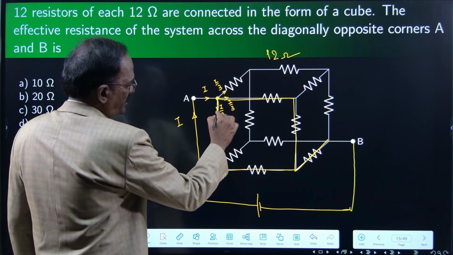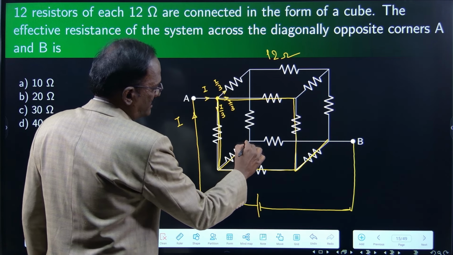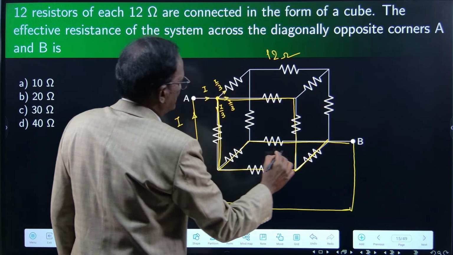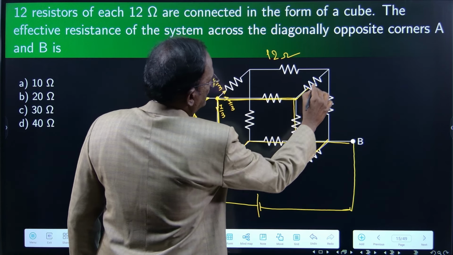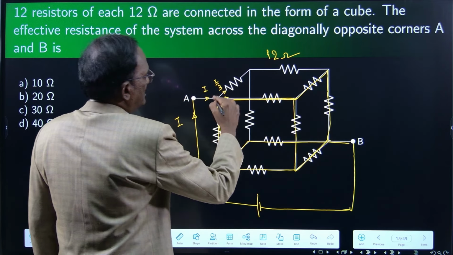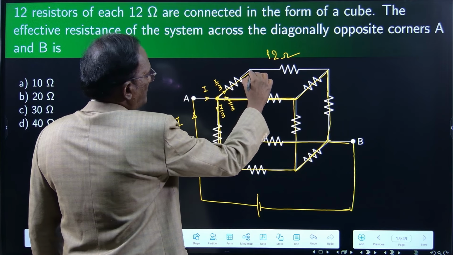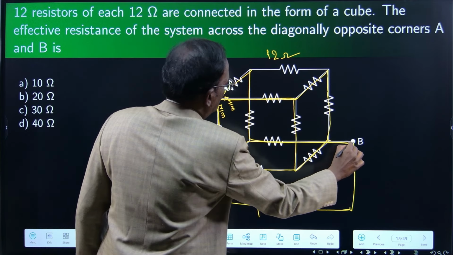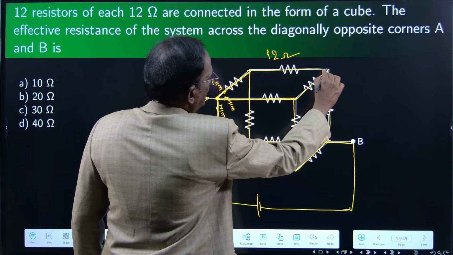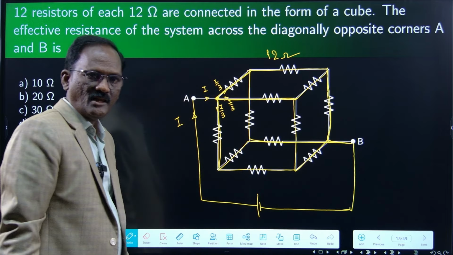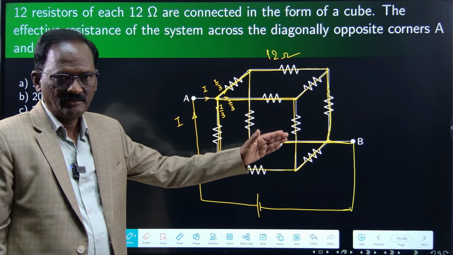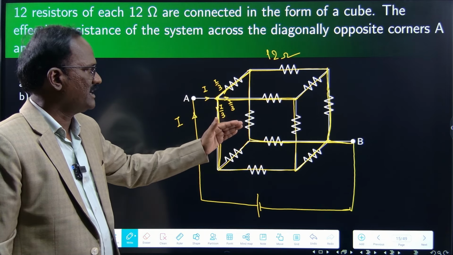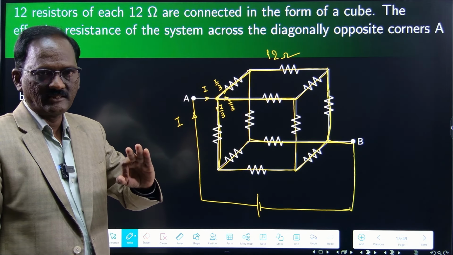Another path, one resistor, second resistor, third resistor. Let us take this path also, first resistor, second resistor, third resistor. All the currents, if they want to go to B, have to cross only 3 resistors, right?